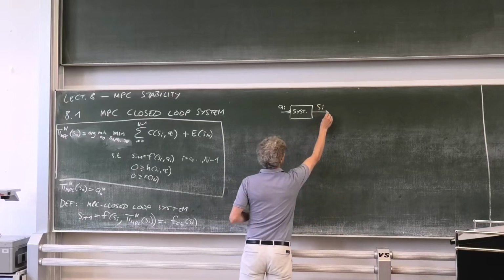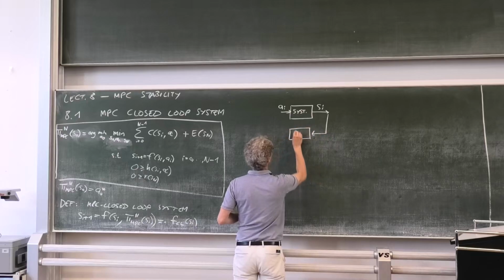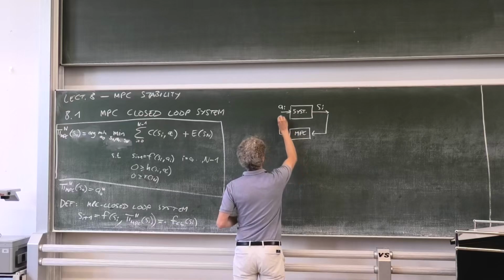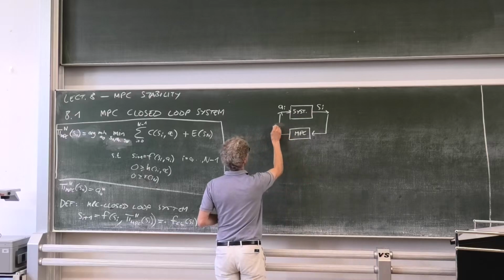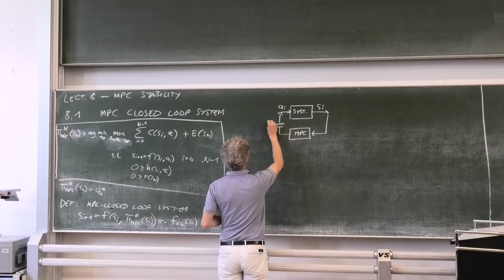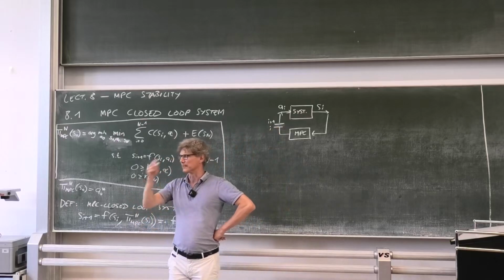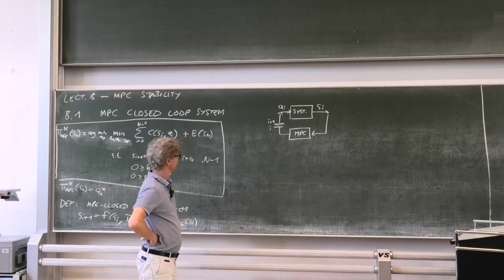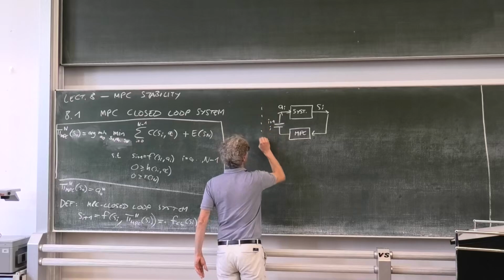And then we have our MPC controller, and that actually sends these states back to our system. Yeah? Of course, I could also make this little visualization, right? So that's like i plus 1. There's a little bit of a delay somewhere in the system. And that's, so to say, expressing the fact that we have memory. But it's basically this equation. Yeah? So we look at this whole thing as one system.